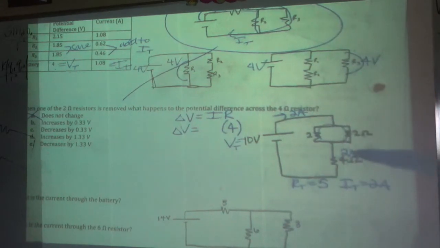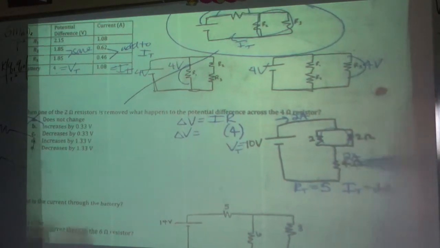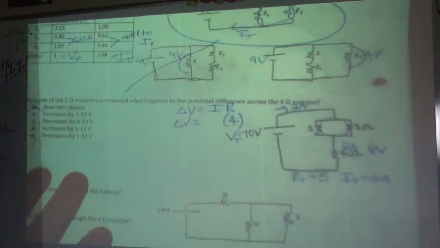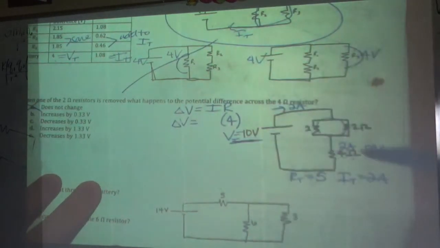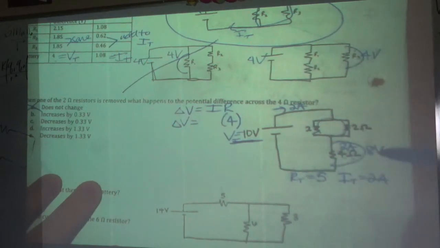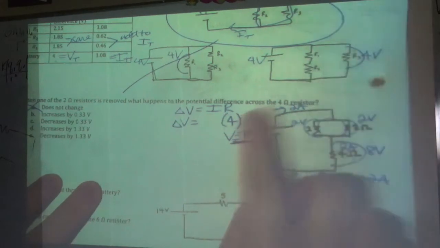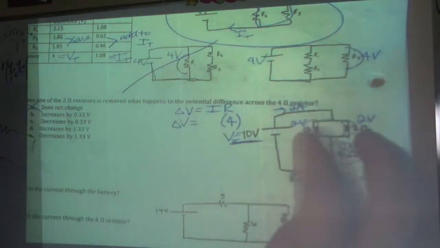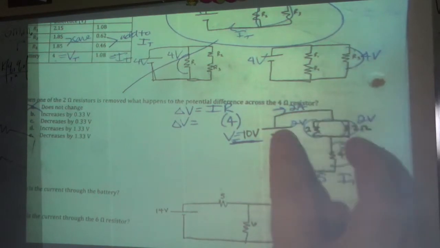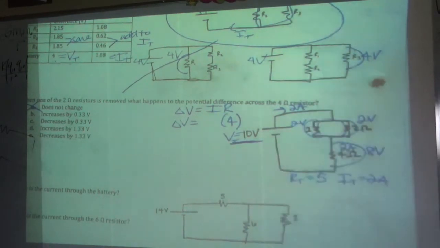And if I have the current and the resistance here, I can find that this is 8 volts. And because this is my total voltage of 10, and this one drops 8, that means these 2 have to drop 2 volts because in one closed loop, they have to add up to the total. And these 2 are in parallel, so they each get the 2. It's not splitting the voltage, they both get the total voltage.